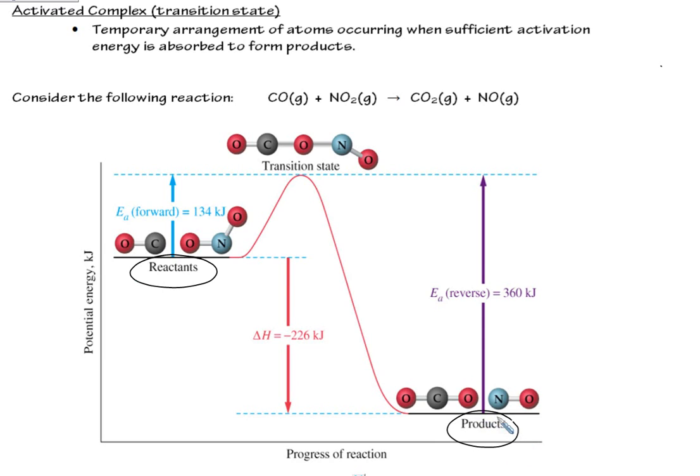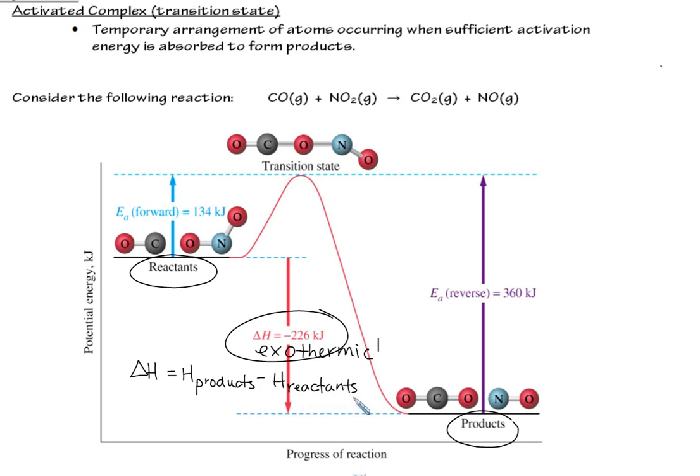Excellent. Now you might notice here that your products are at a lower energy level, which usually means the reaction is exothermic. Delta H in the middle here is negative 226 kilojoules, meaning it's exothermic. Technically, delta H can be calculated as energy of the products minus energy level of the reactants.